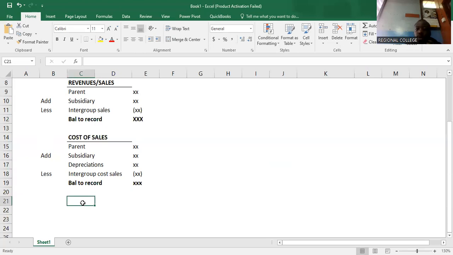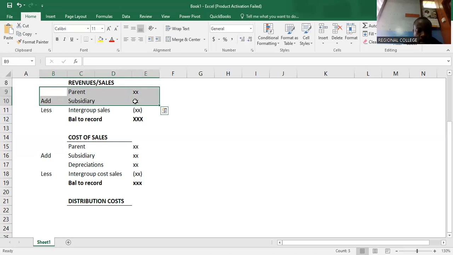Then from there, we start analyzing the expenses. The first expense given is the distribution costs. Under the distribution costs, again, you have to pick the value of the parent and the value of the subsidiary. You combine them together.